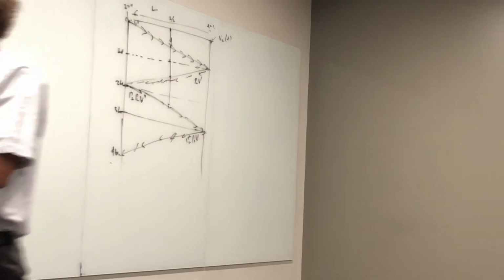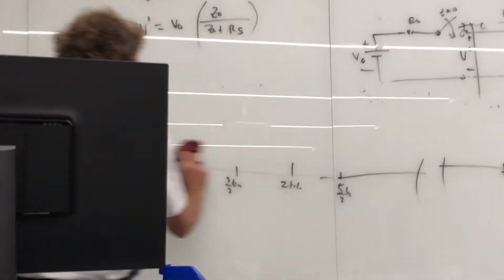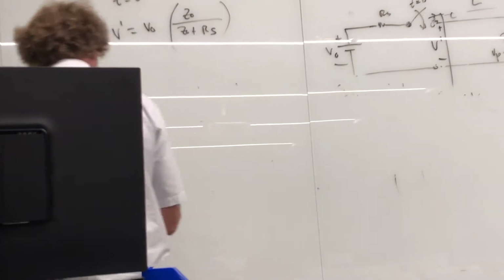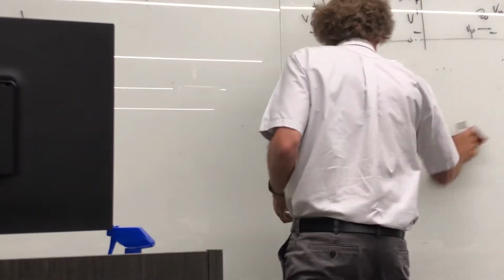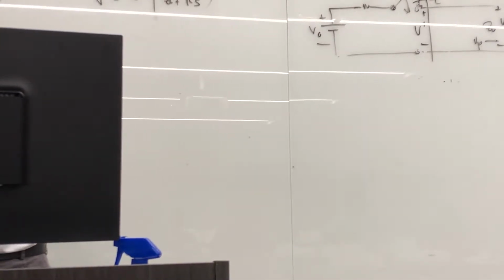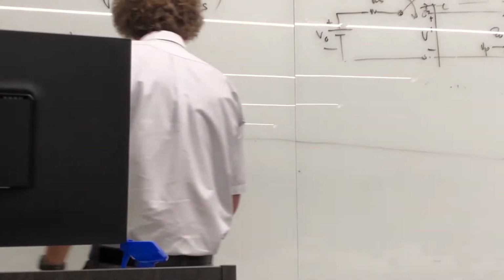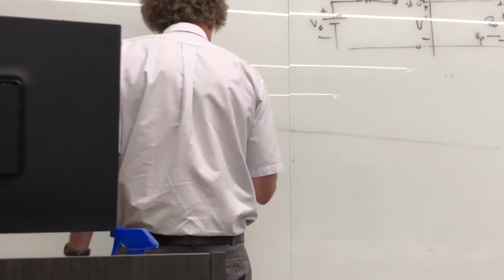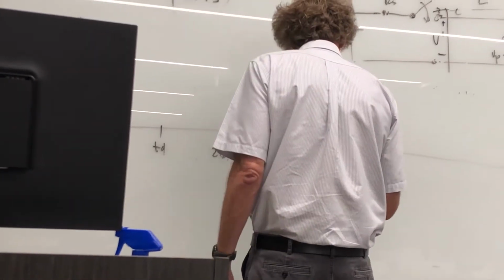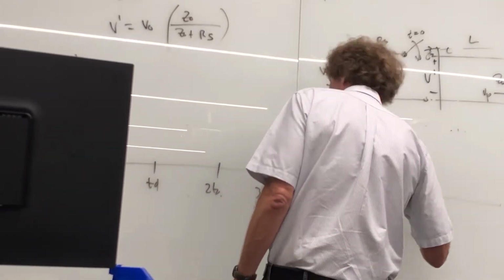This is not in the middle now, it's V at the load. I'm going to call this TD, 2 TD, 3 TD, 4 TD, 5 TD, 6 TD, and so forth.